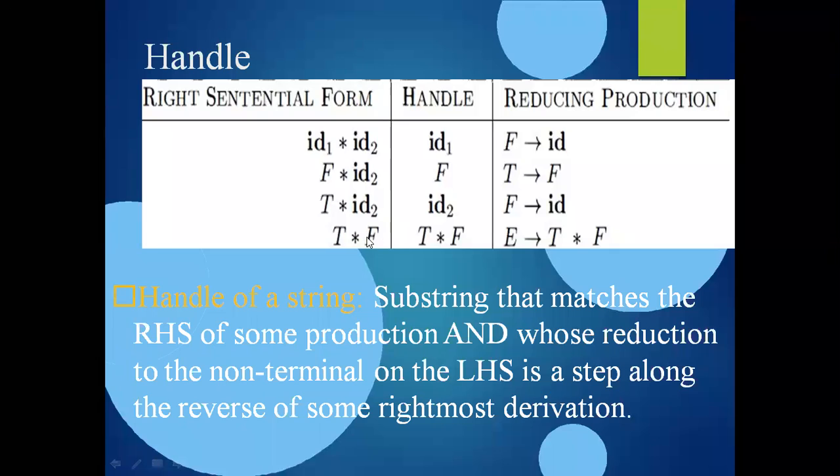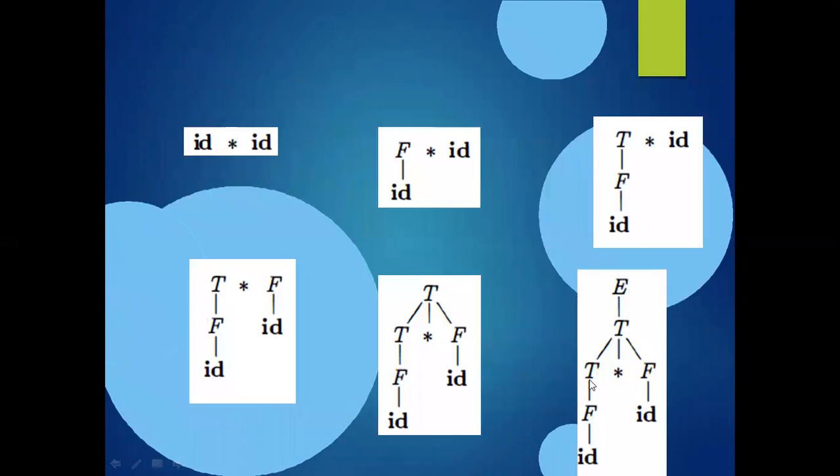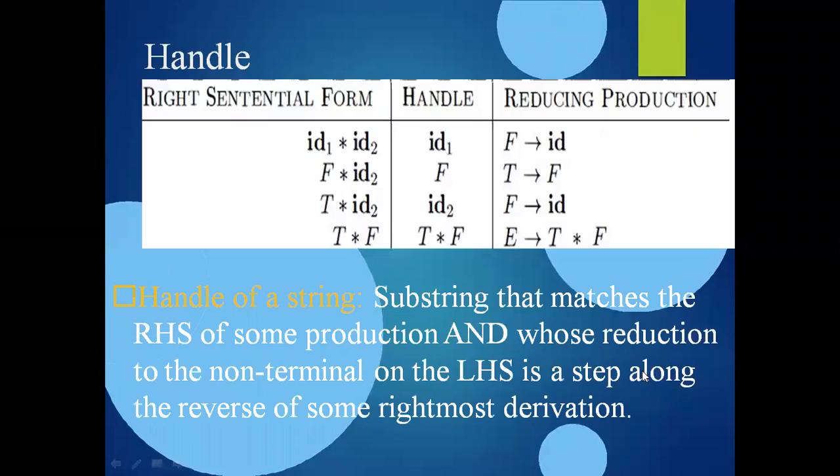Yes, F. Directly I have the rule T tends to T star F. So the overall string is now handled, T star F. And I have a rule like E tends to T star F. Or from the previous grammar, see, E tends to T, and T tends to T star F. So you all place T tends to T star F here.